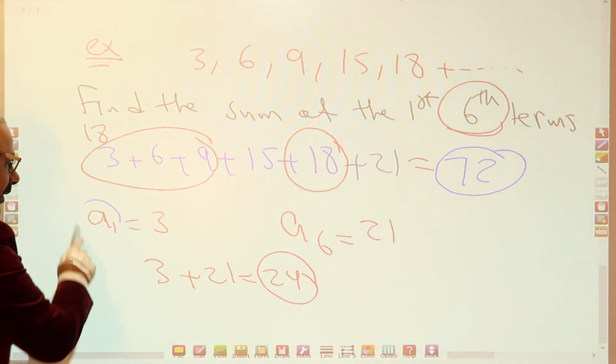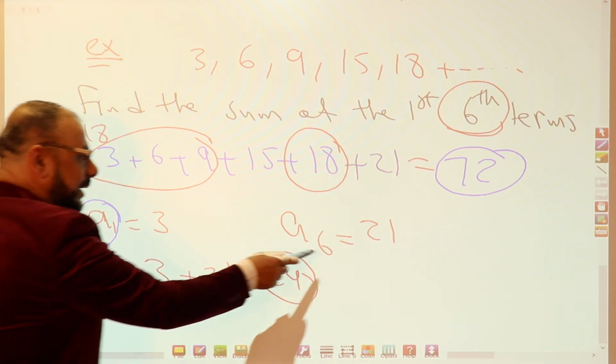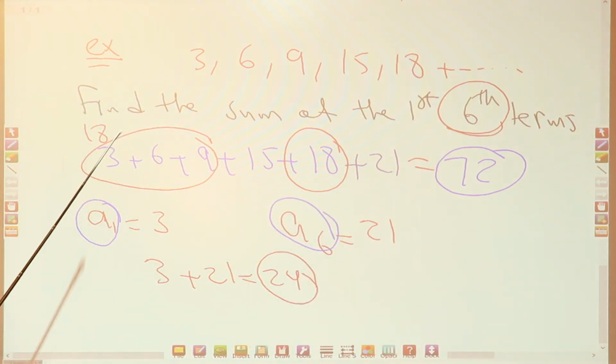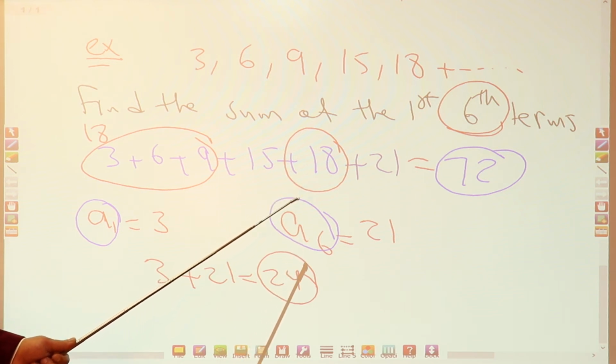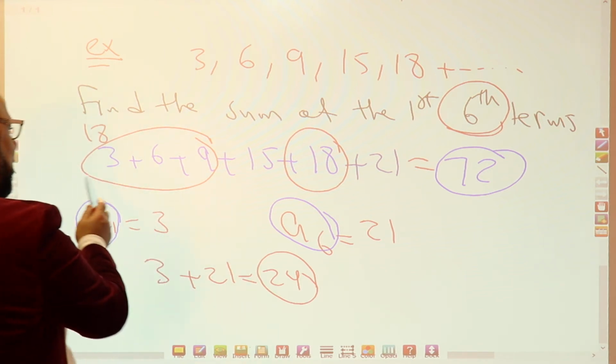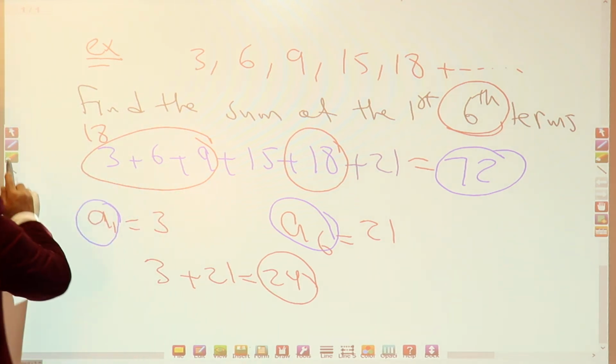Look what I did, I messed up the sequence. 3, 6, 9, 12, 15, 18. We needed 12 between 9 and 15, and I got rid of 21. Okay, let me just do it over.